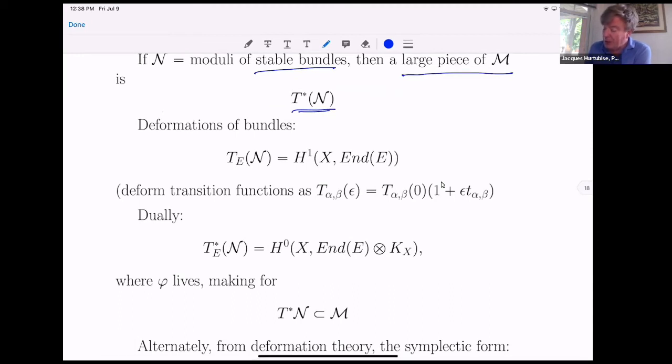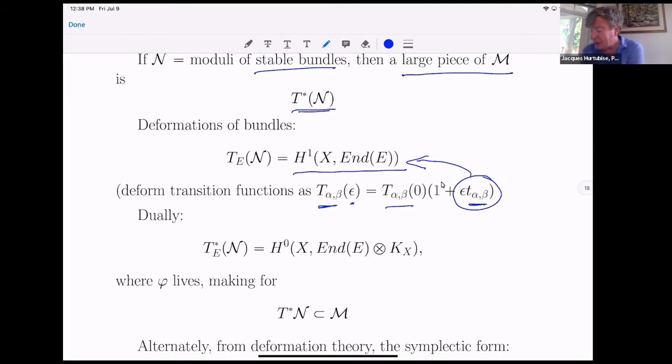If you deform a bundle, you write a deformation, putting in a little parameter epsilon, in the obvious way where you're taking a transition function, so that's the transition function of 0, and you put in a small parameter, and this ends up defining a class.